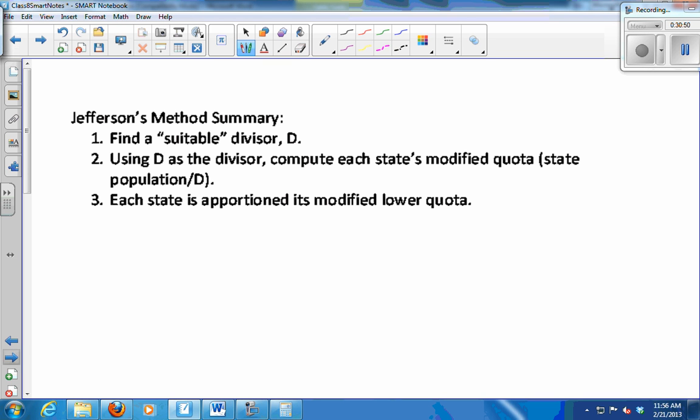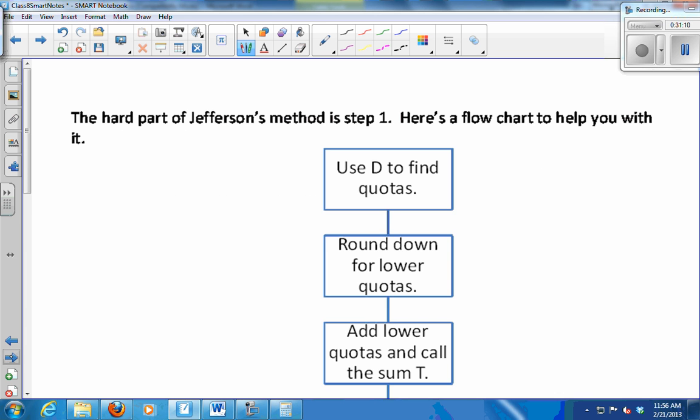that I'll show you. So the method in general, summary: find a suitable divisor D, that's the hard part. Using D as a divisor, compute each state's modified quota, that is their population divided by your new divisor D, and then give each state its modified lower quota.